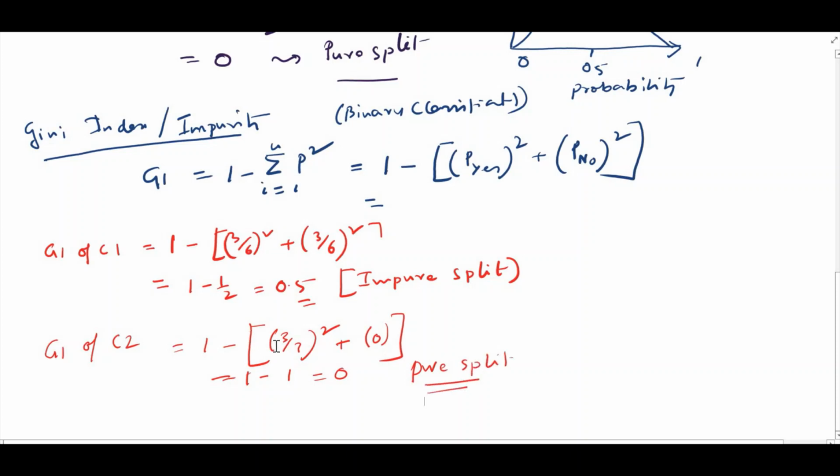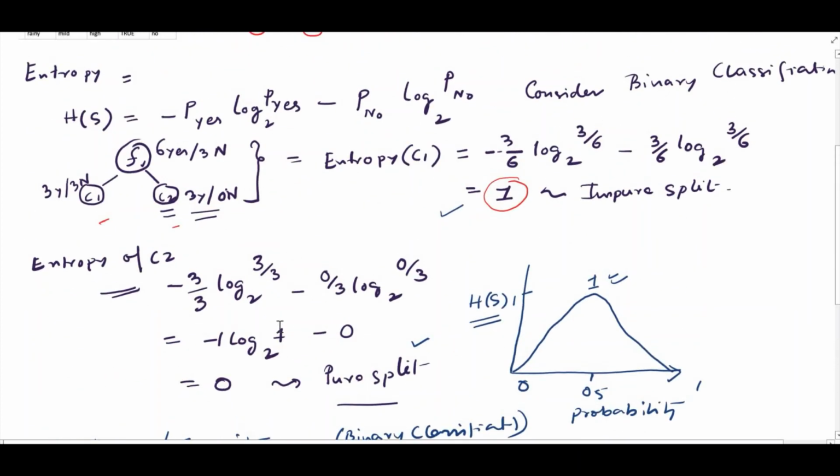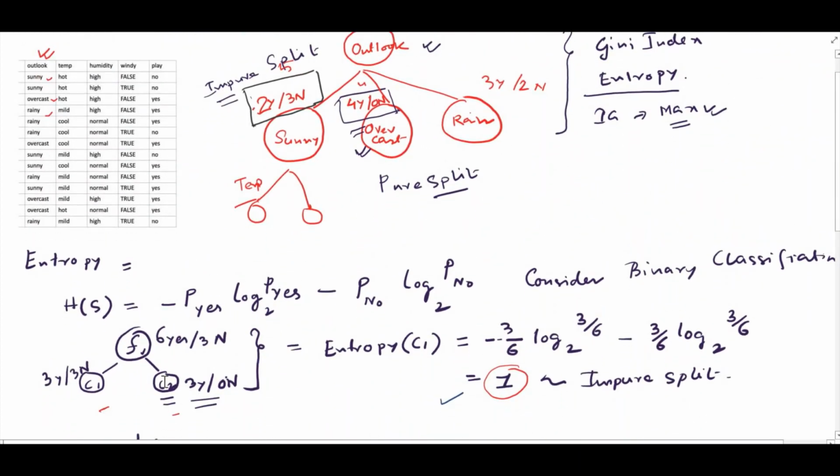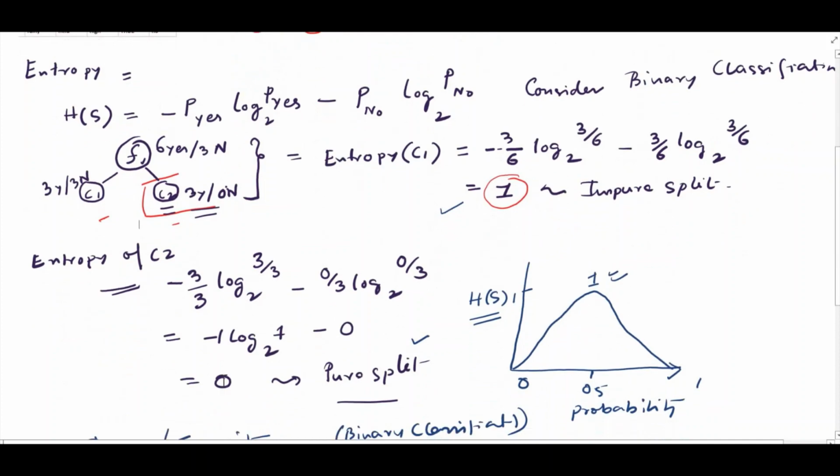I think you understand this, right? C1 is this one, C2 is this one. I'm calculating C2, and that's why we are talking about this one.